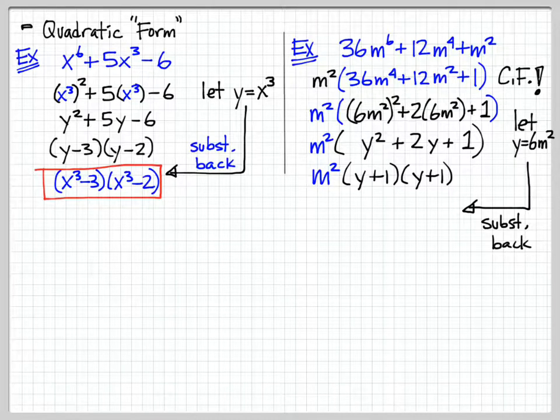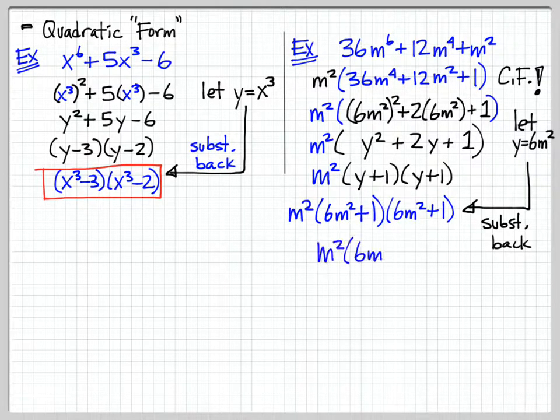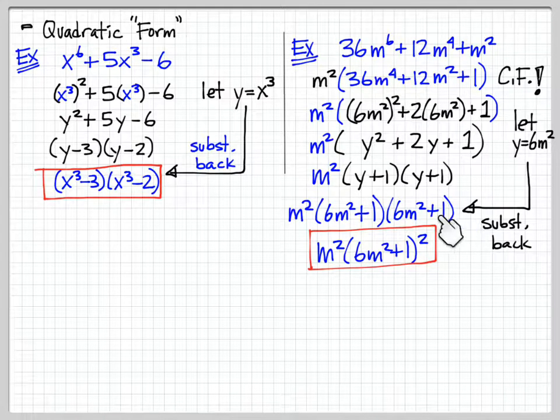We take the 6m squared and put it back wherever we see the y. And then we rewrite this in a more efficient way: m squared times the quantity 6m squared plus 1, all of that squared. And this is our final factored form. There's nothing more we can do.